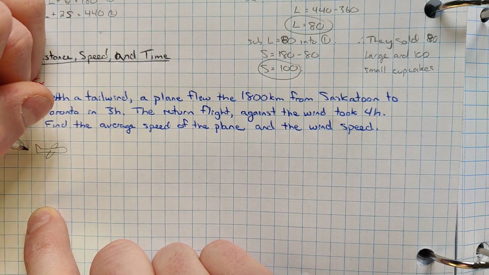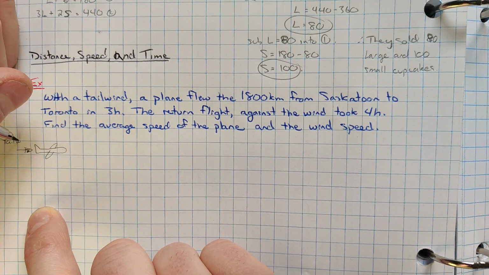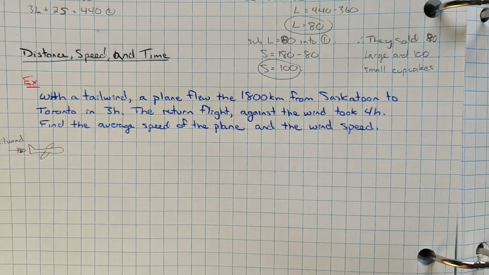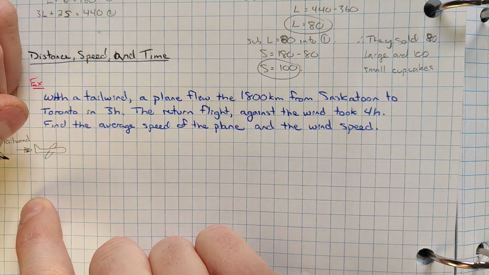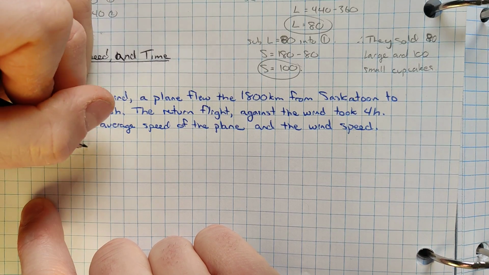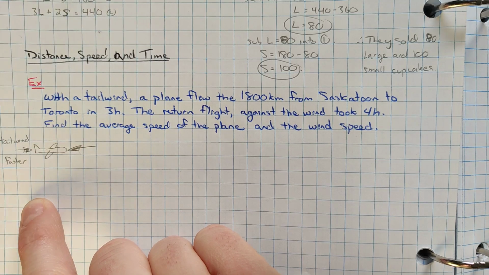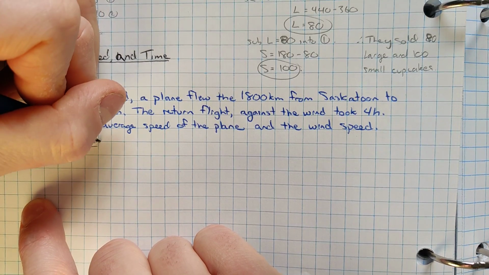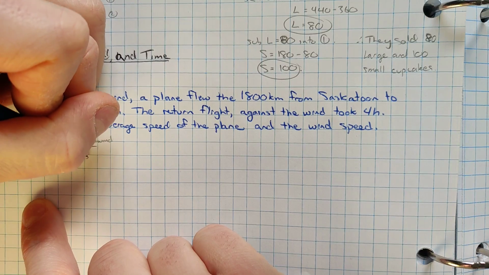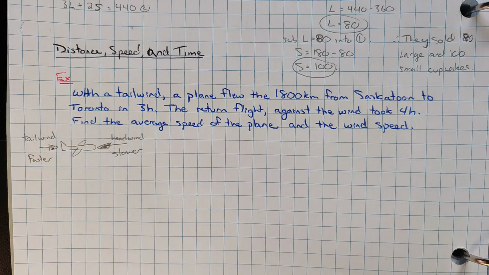A tailwind means it's pushing on the tail. So that means it's pushing the plane faster. A headwind would push on the head of the plane and make the plane go slower. Okay. So whenever you hear the term tailwind, it means it's pushing from behind and making it go faster. Headwind is going to make it go slower.